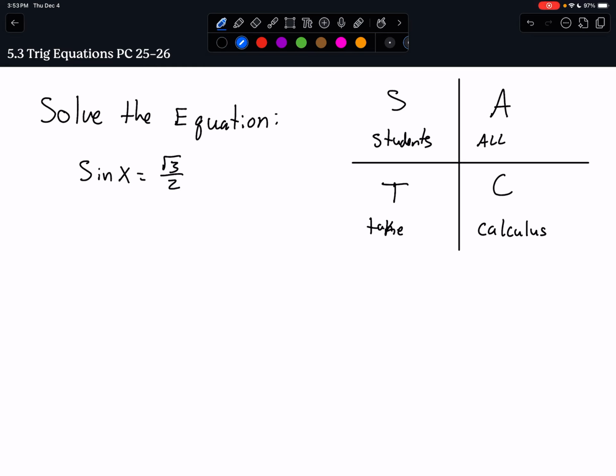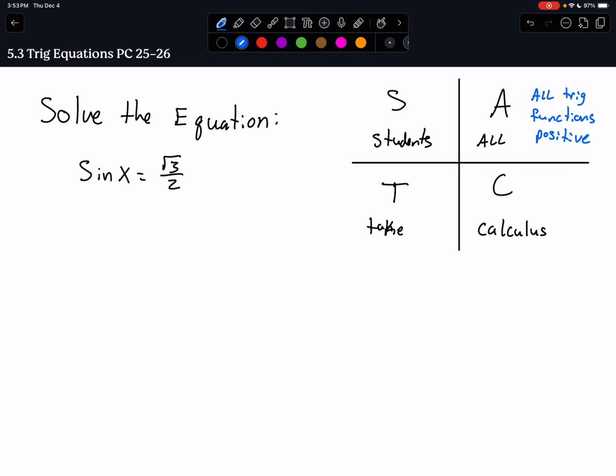And what I'm saying here is in the first quadrant, all trig functions are positive. So A for all trig functions are positive.